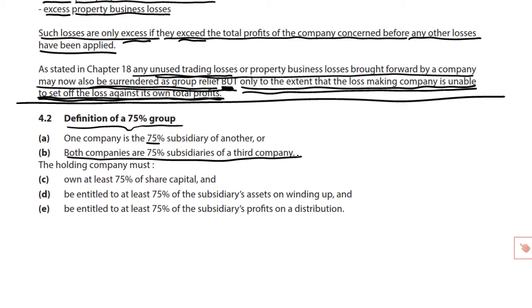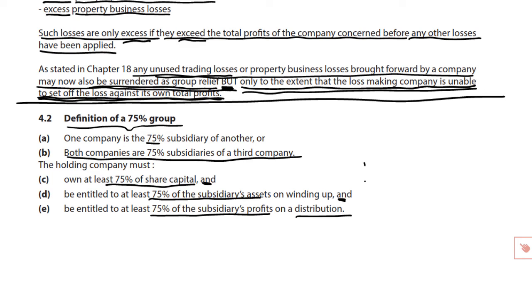So any direct relationship between a parent company and direct subsidiaries, any of those companies are able to group relieve with one another. The holding company must own at least 75% of the share capital and be entitled to at least 75% of the sub's assets on a winding up, and entitled to at least 75% of the subsidiary's profits on a distribution. There's our definition of a 75% group.